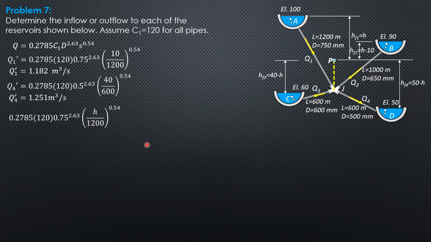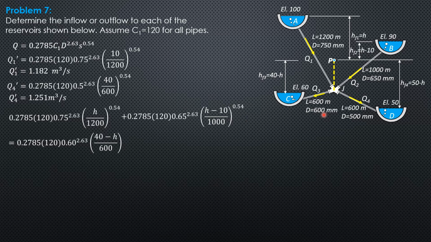Plus Q2, 0.2785 times 120 times 0.65 to the 2.63 times quantity H minus 10 over 1000 to the 0.54, equals Q3, 0.2785 times 120 times 0.6 to the 2.63 times quantity 40 minus H over 600 to the 0.54, plus Q4, 0.2785 times 120 times 0.5 to the 2.63, then quantity 50 minus H over 600 to the 0.54.